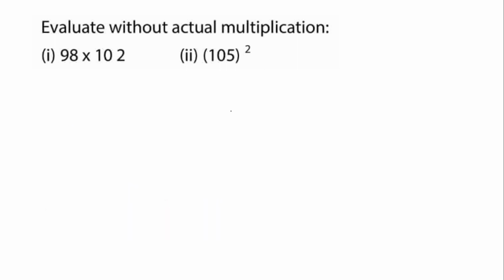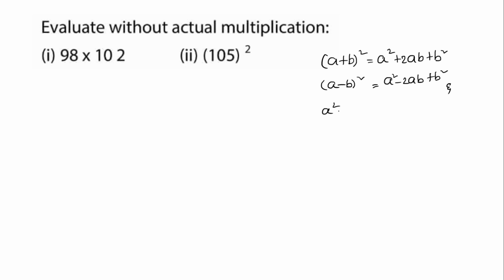Now if you observe carefully, in algebraic identities we have three formulas which are related to squares. One is (a plus b) whole square is equal to a square plus 2ab plus b square, and the other is (a minus b) whole square is equal to a square minus 2ab plus b square, and the third and important formula is a square minus b square is equal to (a plus b) into (a minus b).